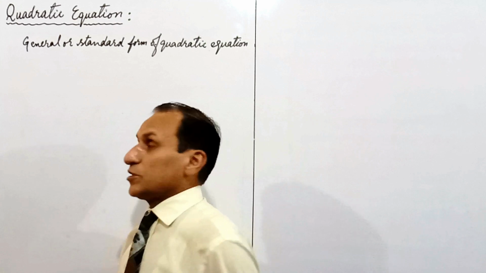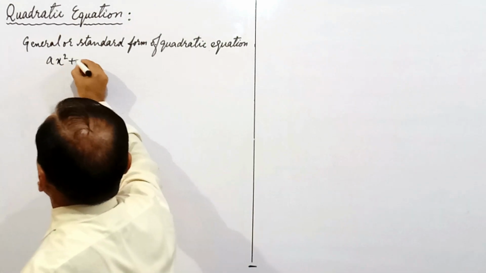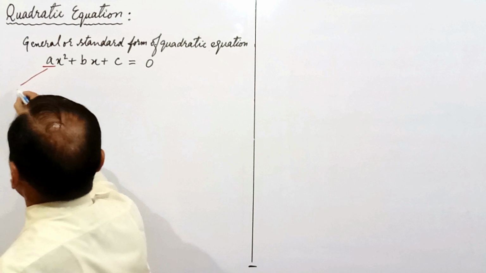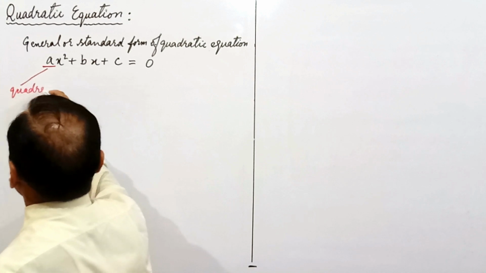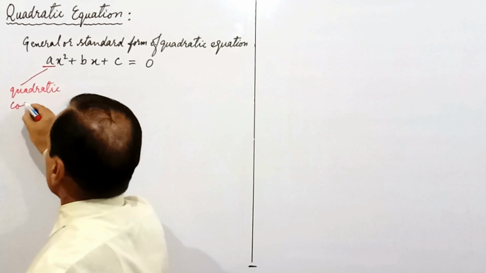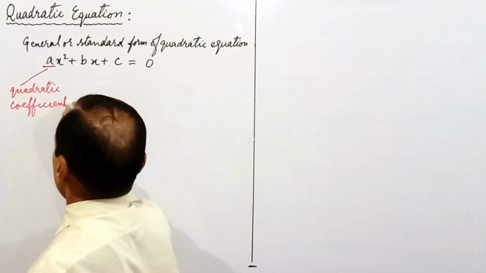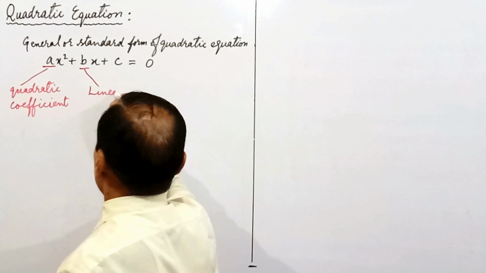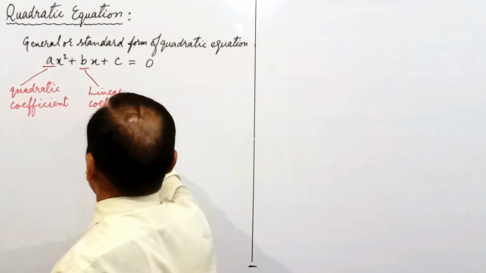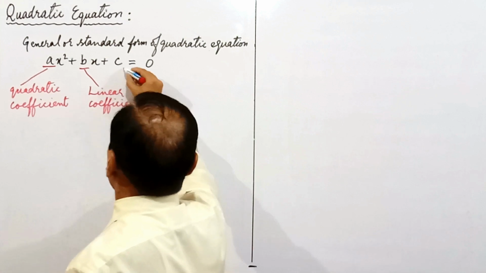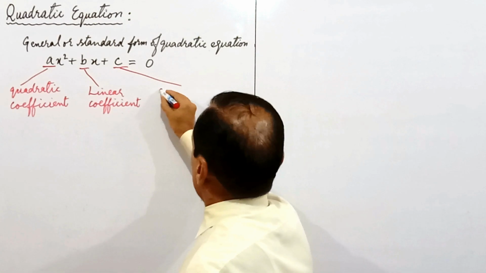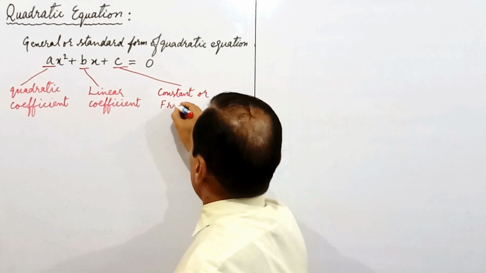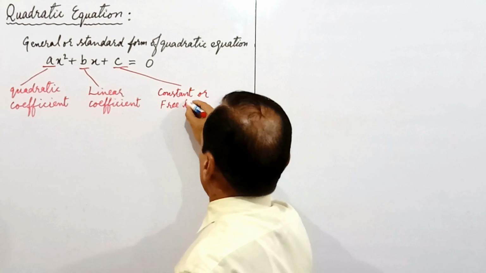Let's discuss a few terms related to it. In ax square plus bx plus c is equal to 0, a is the quadratic coefficient, b is the linear coefficient, and c is the constant or free term.